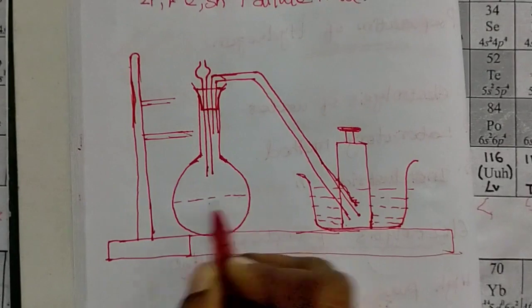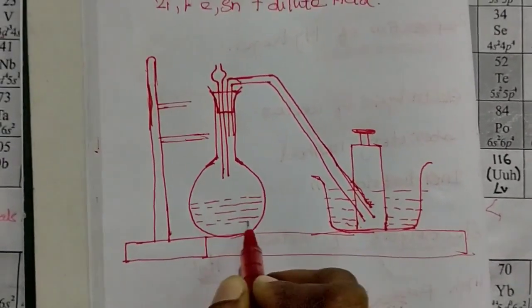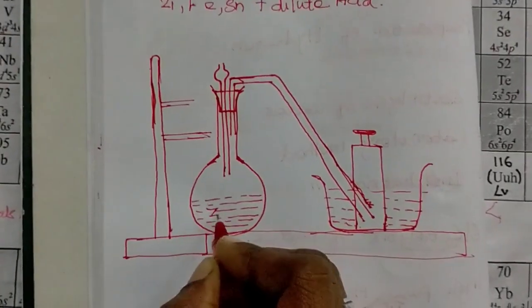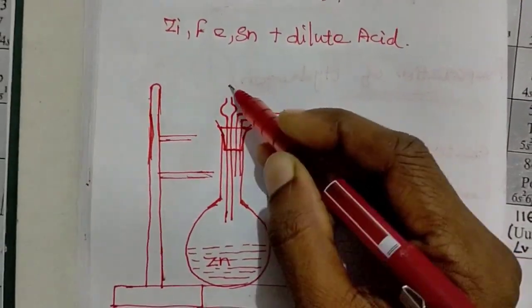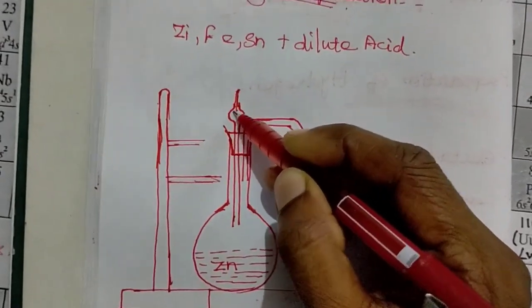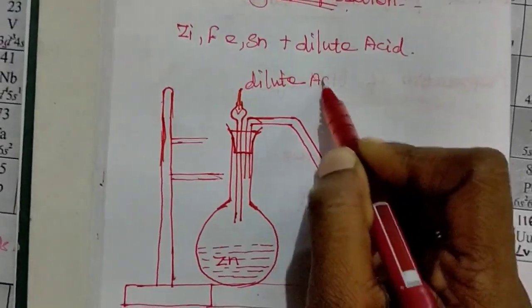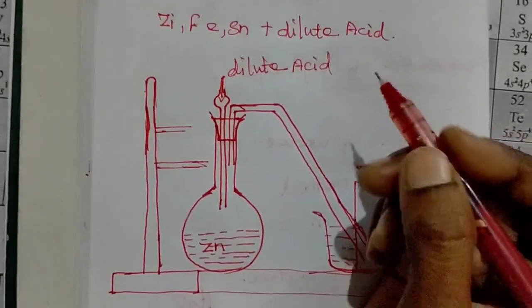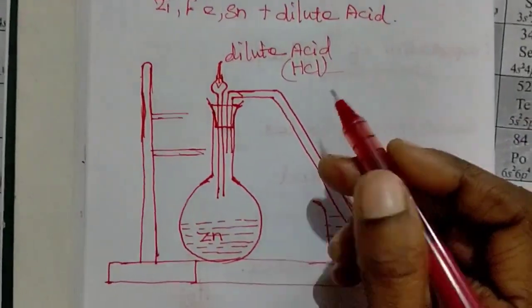The round bottom flask contains zinc, and through this tube we add dilute acid, for example dilute hydrochloric acid.